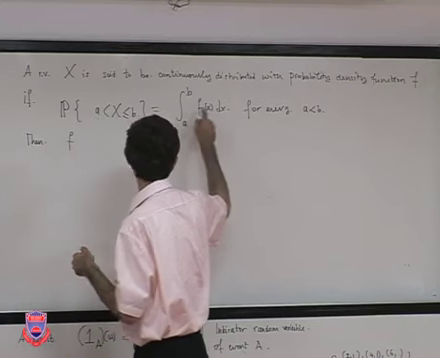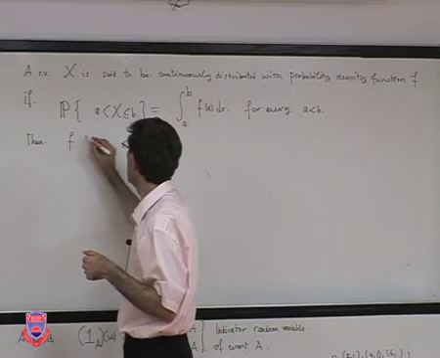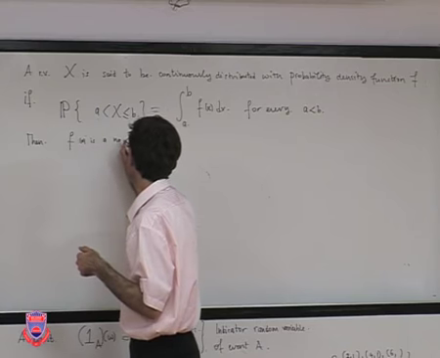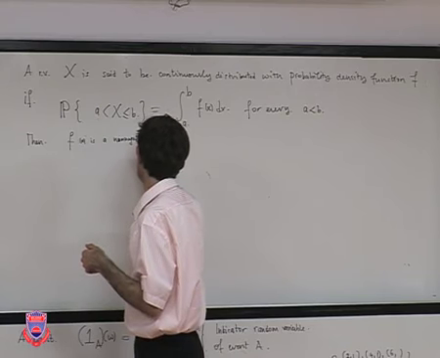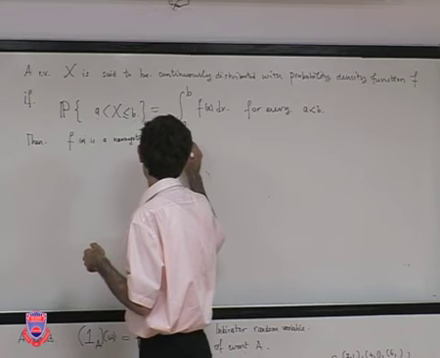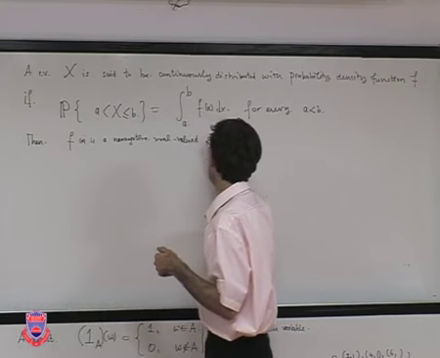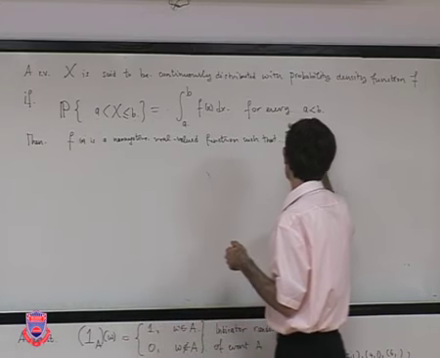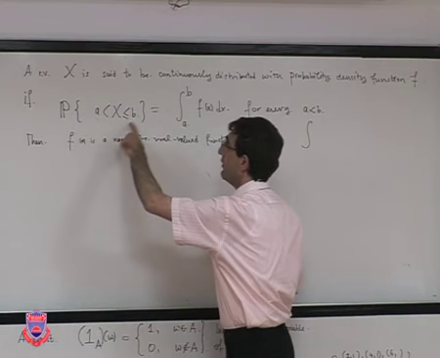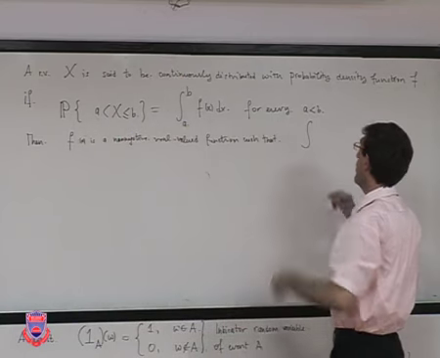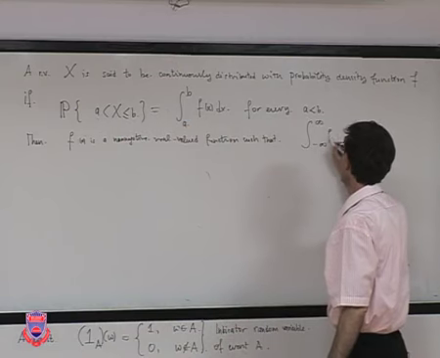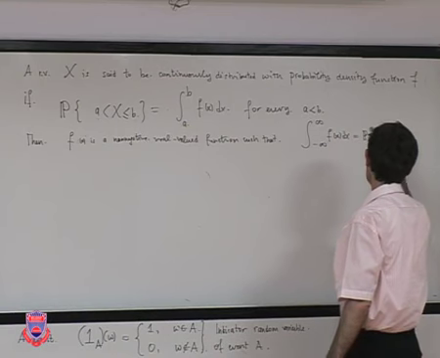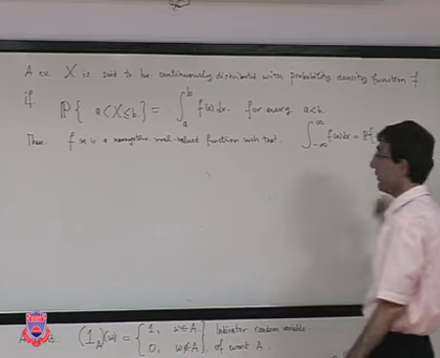It is, first of all, a real-valued function, non-negative, such that if you let a go to minus infinity and b go to plus infinity, this simply gives you the probability that X is between plus and minus infinity.